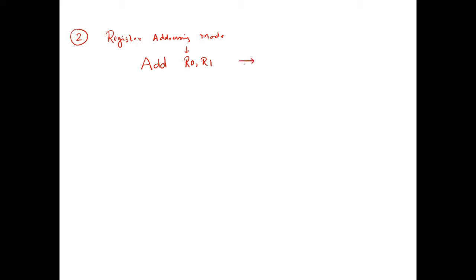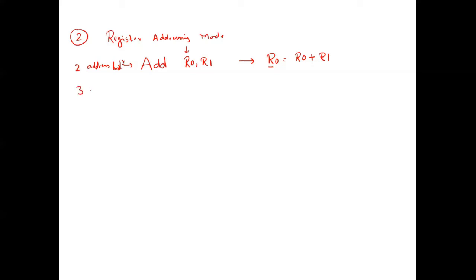Now, what is the operation description of this instruction? It is going to add the content of the R0 register and the content of the R1 register, and the sum of these two register contents will be stored again in R0. So this is the two address instruction format.